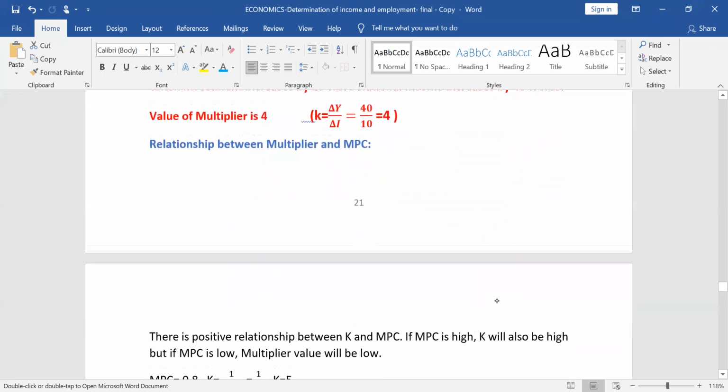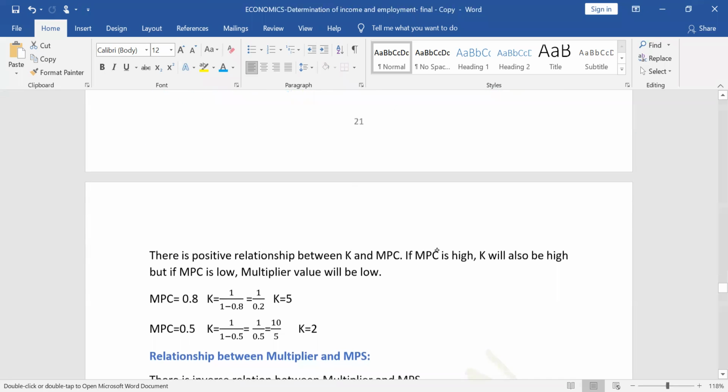Now we will study another aspect, that is the relationship between investment multiplier and MPC, marginal propensity to consume. Marginal propensity to consume is the tendency of people to consume, what proportion of their income they are consuming. If they consume 50% of their income, the value of MPC will be 0.5.